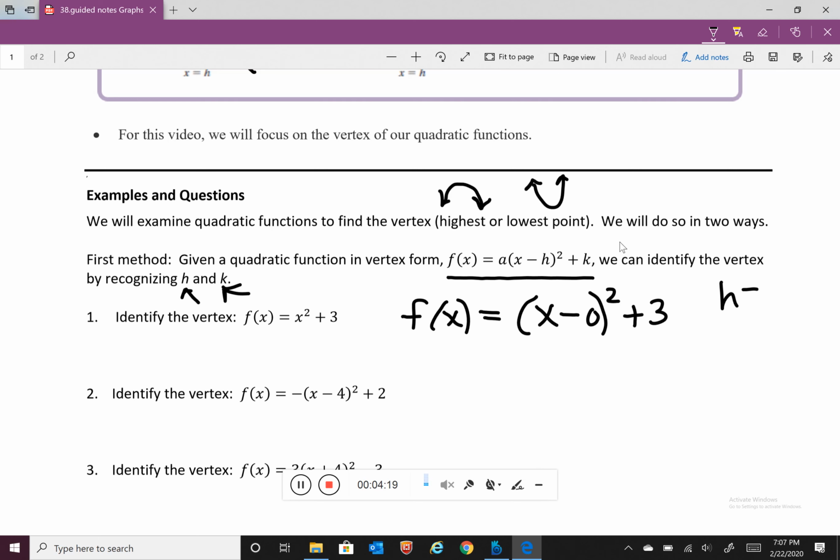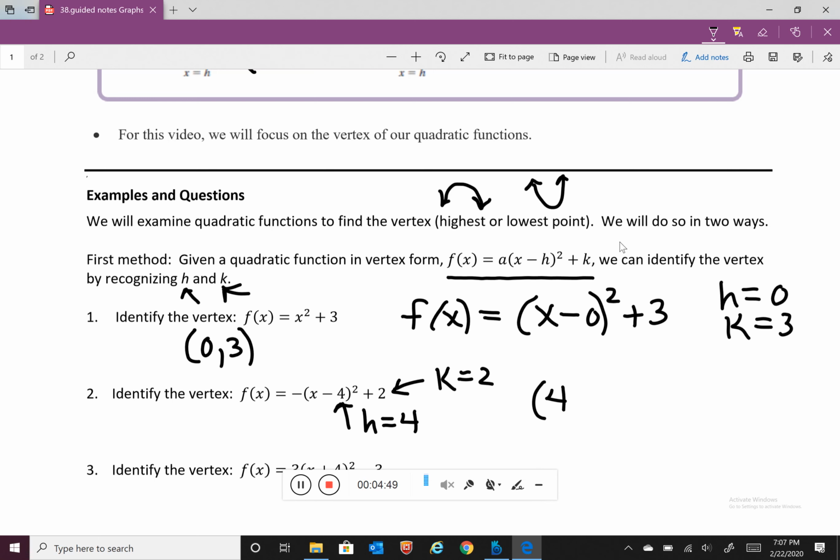Therefore, we can identify that h is 0 and k is 3, and so the vertex is 0, 3. For our next example, this is in vertex form, where we can identify h is 4 and k is 2. So our vertex is 4, 2.